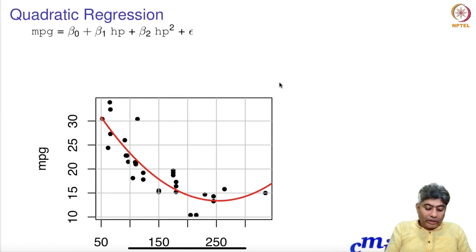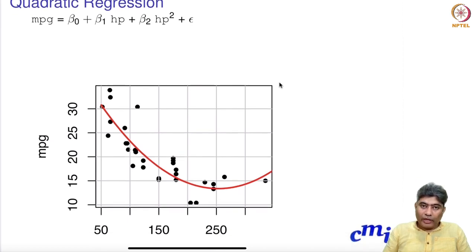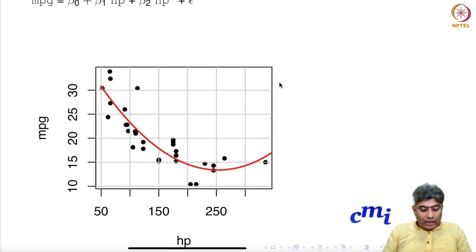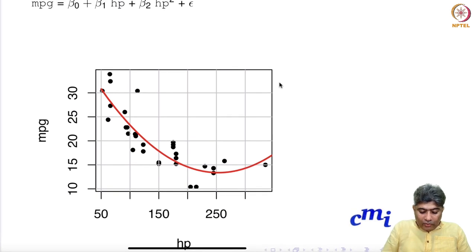In quadratic regression, we will consider, in the same miles per gallon cars data set, miles per gallon and horsepower. We are plotting horsepower on the x-axis and miles per gallon on the y-axis.